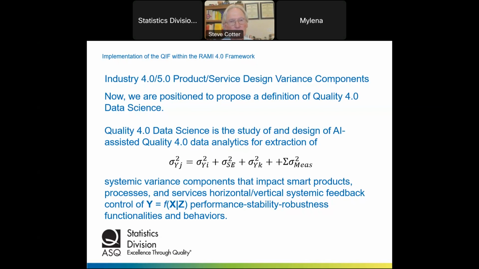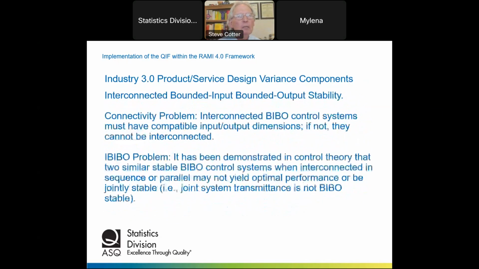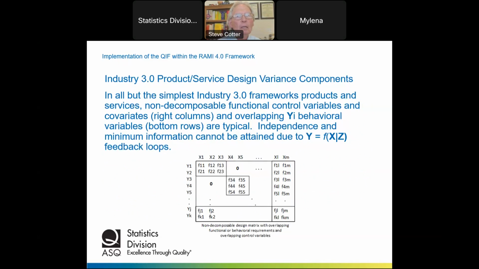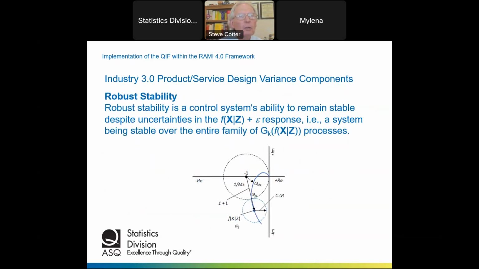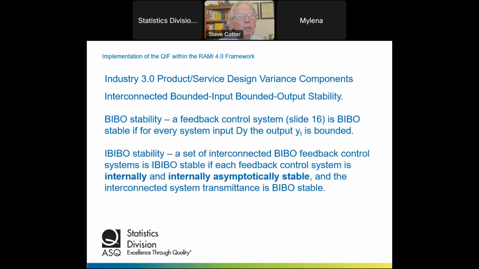Could you give an example of, you talked about the bounded input, bounded output terminology, the BIBO. Could you explain that in a little more detail? For those of you who have had control theory, it's a mathematical definition.